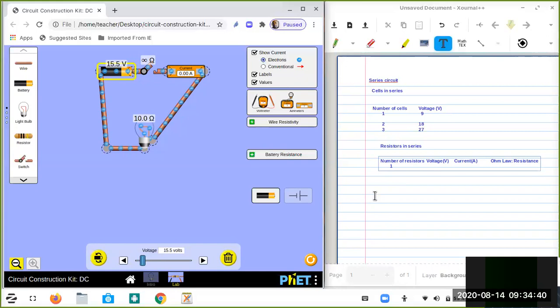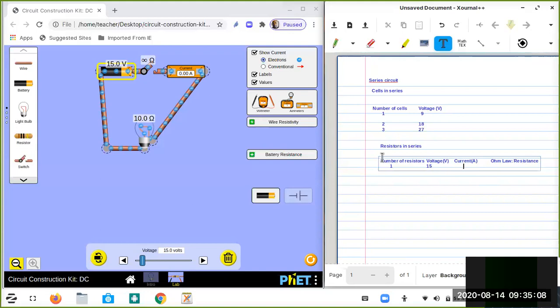Right, so our voltage is 15. That's 15 volts. Then from there, we are going to measure the current.